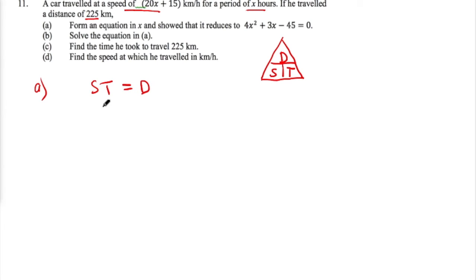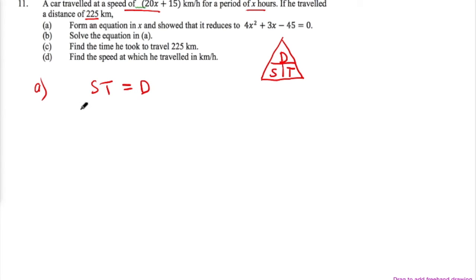Now we move on to section B, question 11. This is a question on speed, time, and distance. So we will be using this formula. Speed equals the distance over time. We are given the speed and the time and the distance, from which we can form the equation speed times time equals the distance.